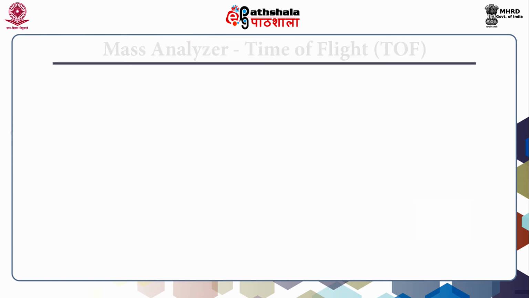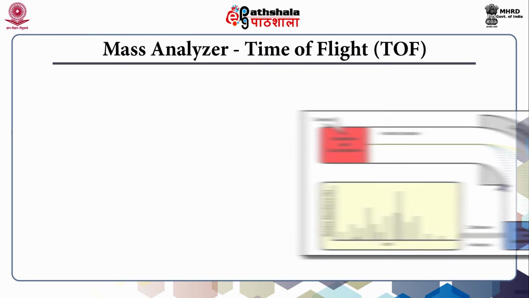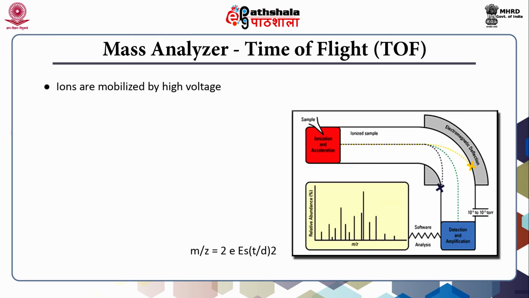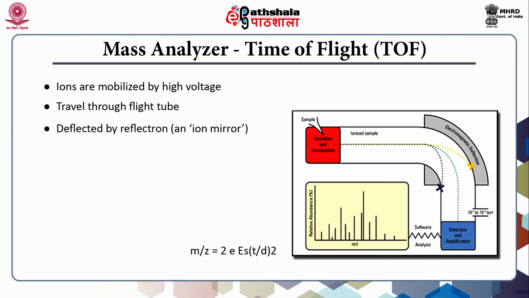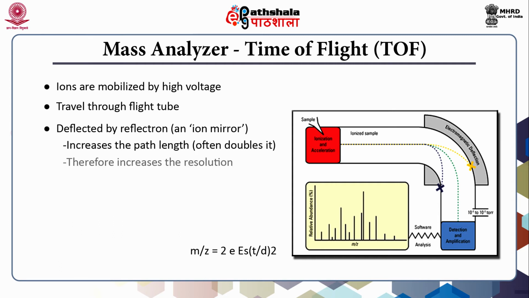Now, let us discuss the mass analyzer time of flight. In case of time of flight, ions are mobilized by high voltage and travel through the flight tube, and while traveling they are deflected by the reflectron, an ion mirror, which increases the path length, often leading to doubling, and therefore increases the resolution.